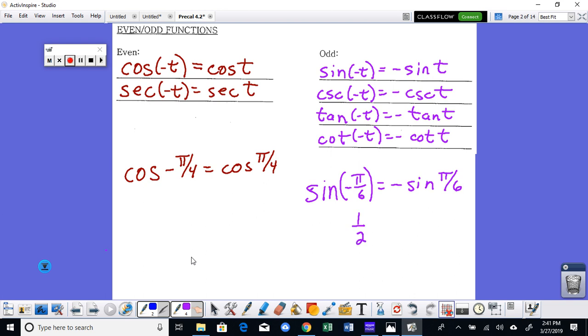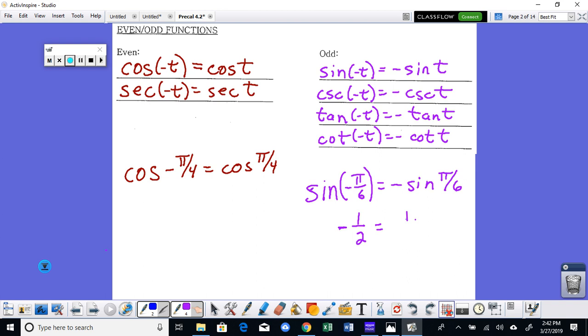In quadrant 4, for a negative pi over 6, the y is negative, so the sine of negative pi over 6 is negative 1/2. And it is equal to, the sine of pi over 6 is in quadrant 1, a positive 1/2, and if I take the negative of it, it's a negative 1/2.